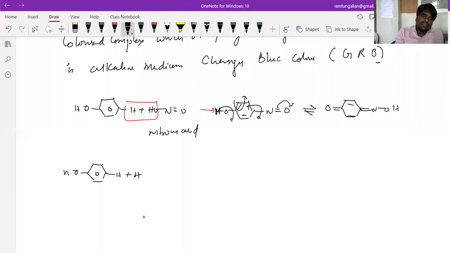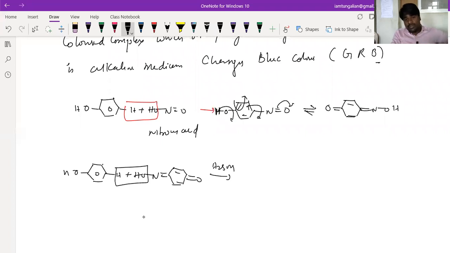So here, this particular compound combines with further phenol in the presence of H2SO4. Again, elimination of water takes place, and it will form a particular complex compound, something like this.